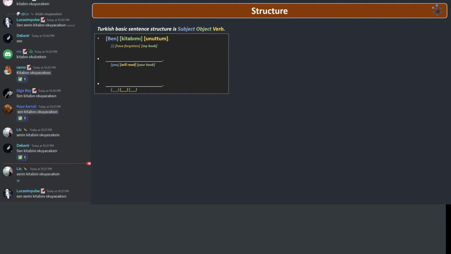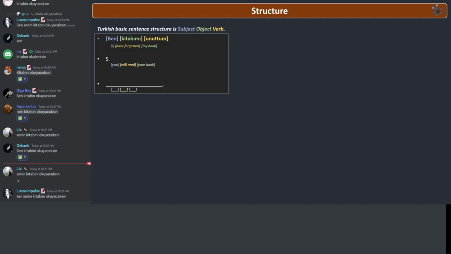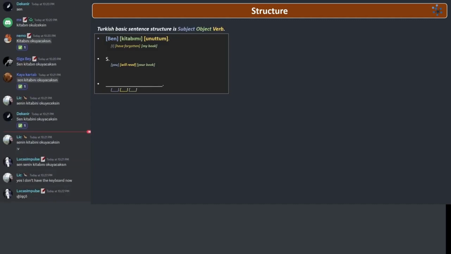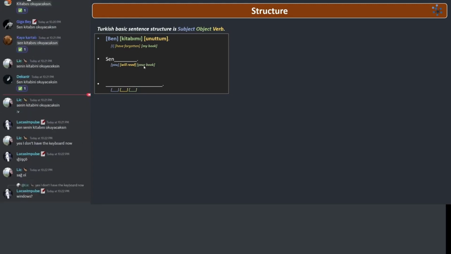translating this sentence. So I'm starting with, wait, where did it go? Here. So sen, I need to start with the subject, sen. Now I need the object, but the object is already modified. I need to also do the necessary modification with your.